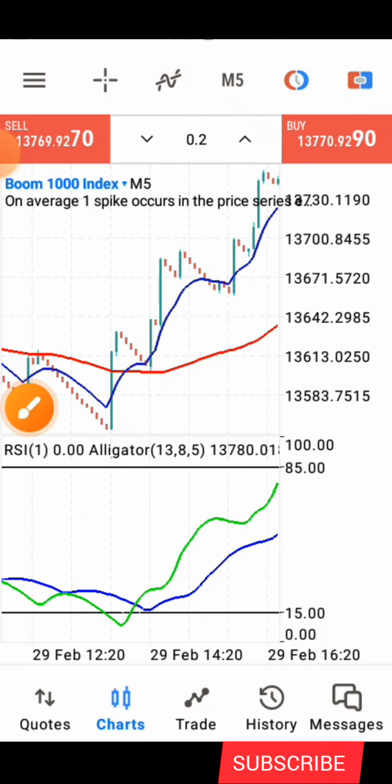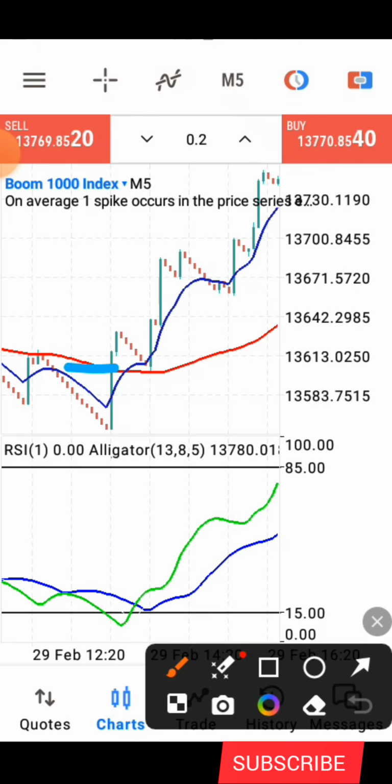So whenever you spot that the blue has crossed, you go in for a buy, and you hold till the green indicator gets to the 85 zone.